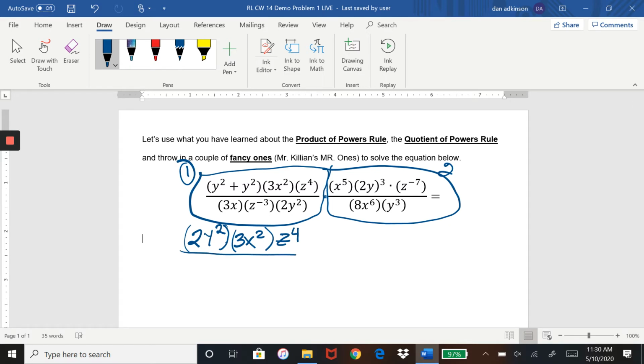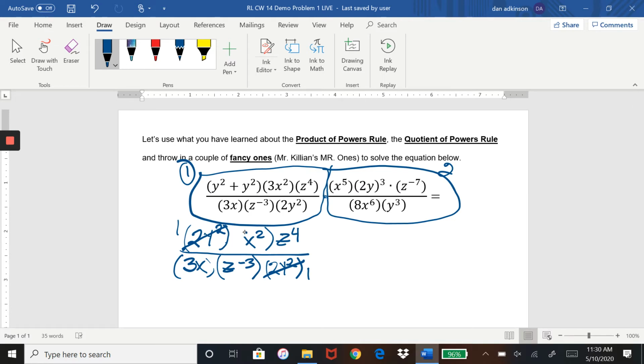And that's all over 3x, z to the minus 3, and 2y squared. 2y squared, that sounds familiar. Wait, there's a 2y squared up here, and there's a 2y squared down here. So 2y squared divided by 2y squared is just a fancy one, so I can make those ones. Wait a minute, I see another one here.